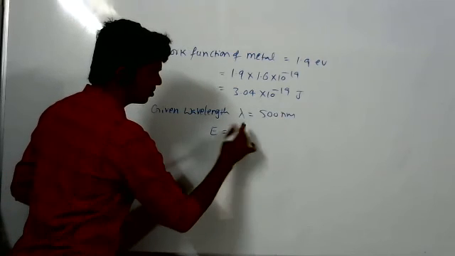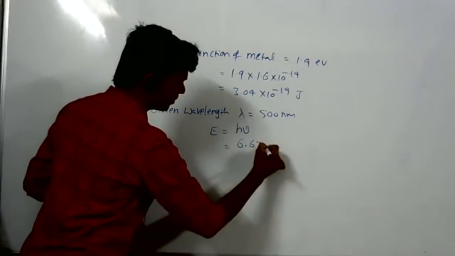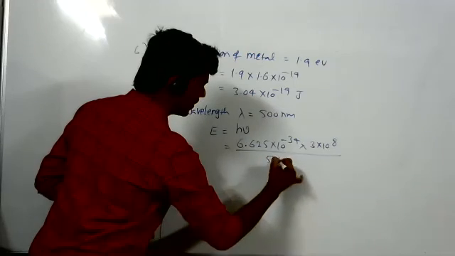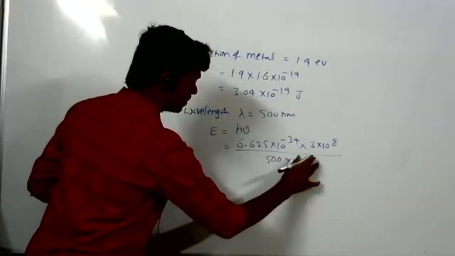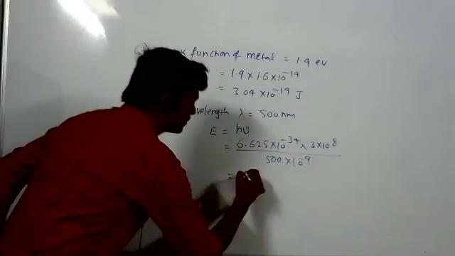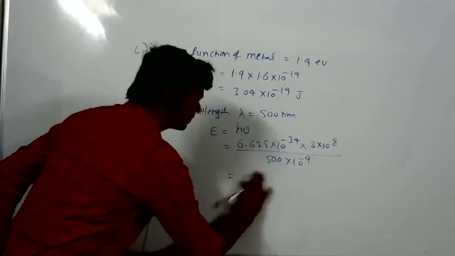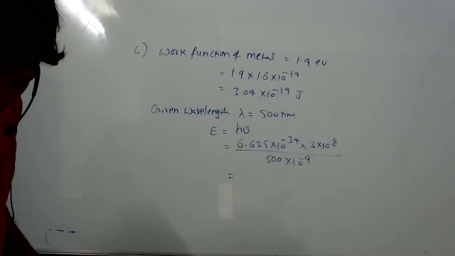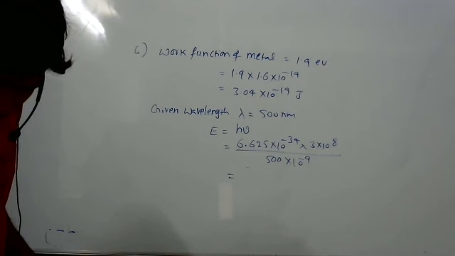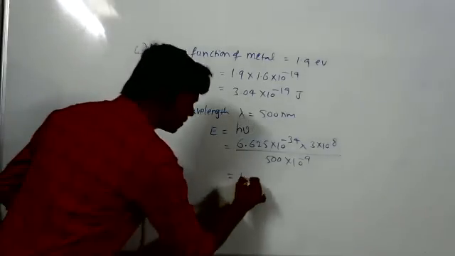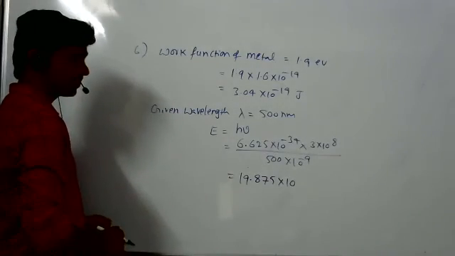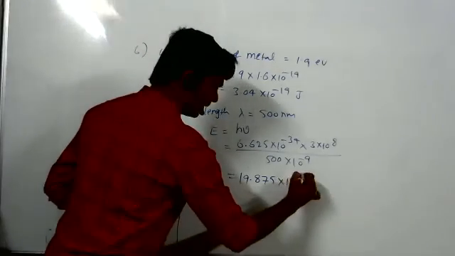E is equal to h nu: 6.625 into 10 power minus 34 into 3 into 10 power 8, divided by 500 into 10 power minus 9. 6.625 into 3 is 19.875, into 10 power minus 34 and 10 power 8, which is minus 26.